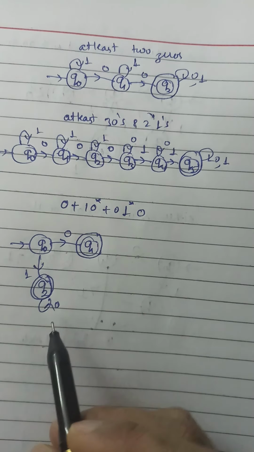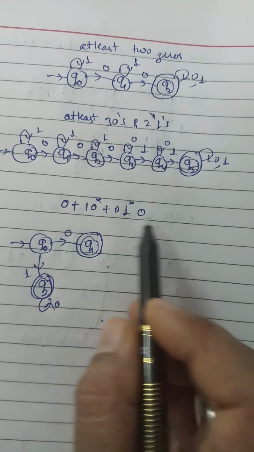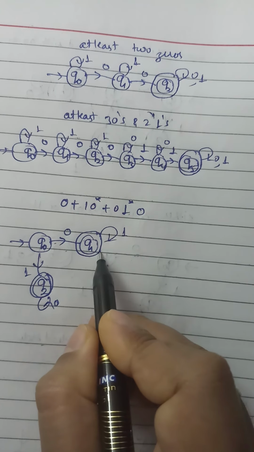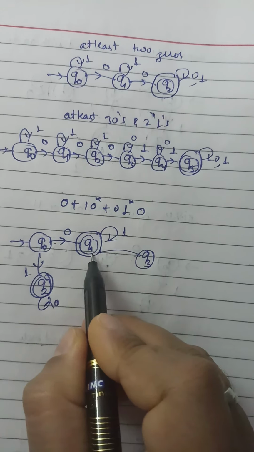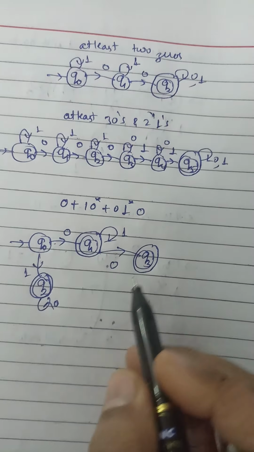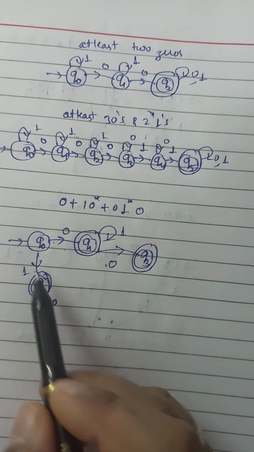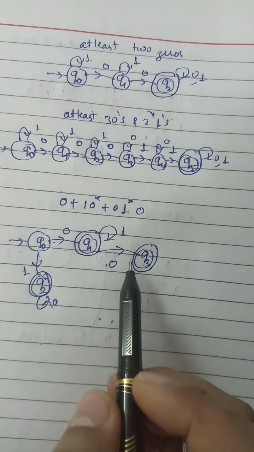That's why it is 1 0 star. This is 0, and for 0 1 star 0, 0 is there. We will make a loop of 1 on Q naught, and we will make a transition from Q1 to Q3 on 0, and make Q3 a final state. So 0 1 0 star 0 1 star 0. This is the DFA.